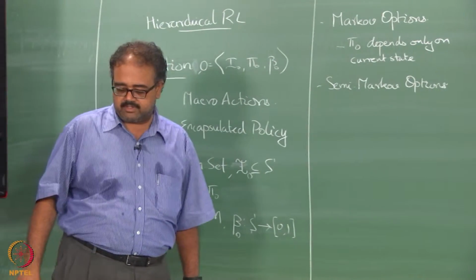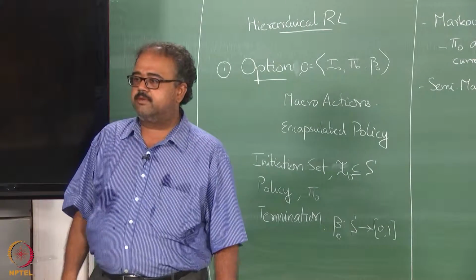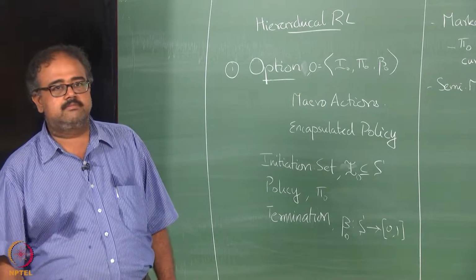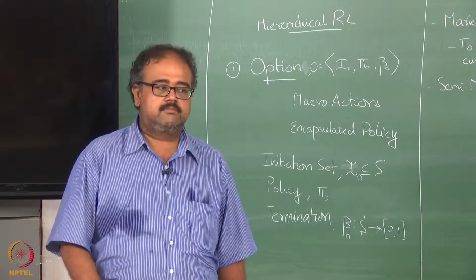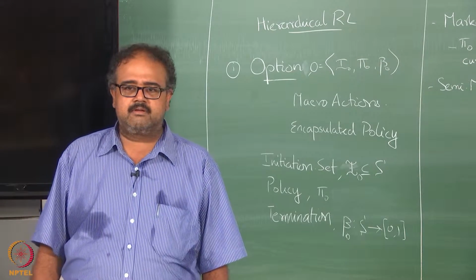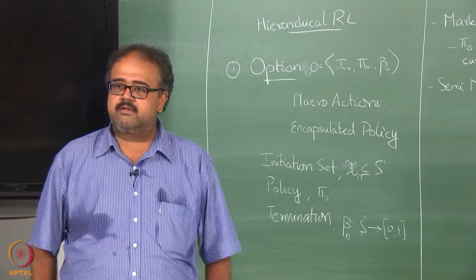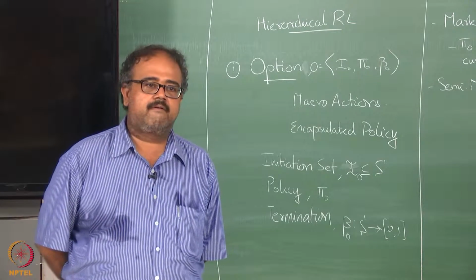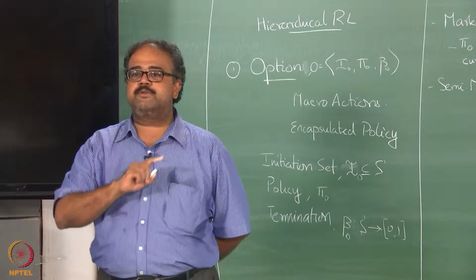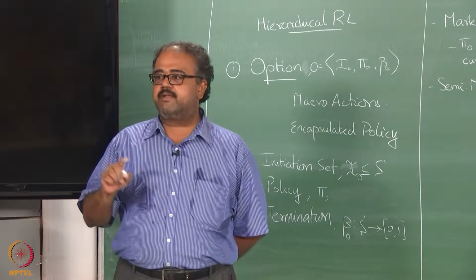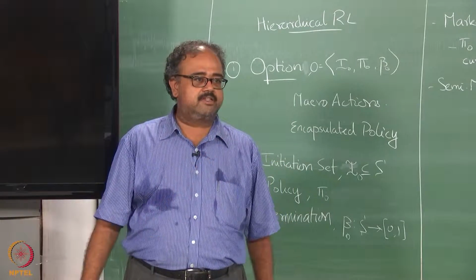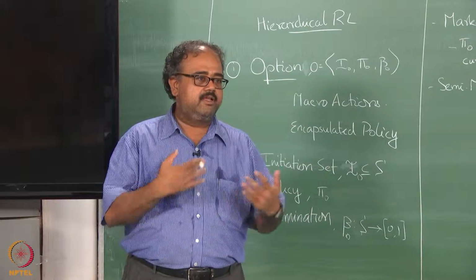The second class of options is called semi Markov options. So what are semi Markov options? Why semi Markov, and why not non Markov? Pi naught depends on the sequence of states since the option was initiated. If you remember, I was telling you why it is semi Markov: during the execution of the option there could be a dependence on history, we do not know.